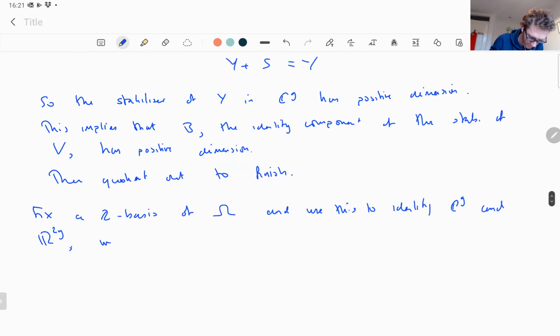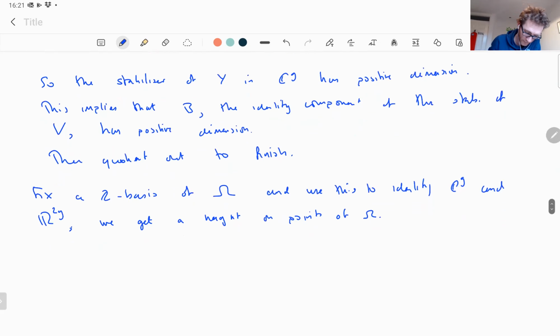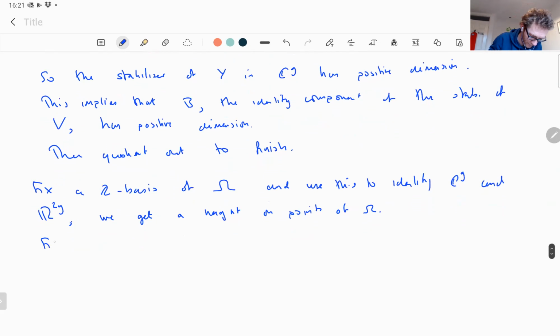And then we get a height on points of omega. Now fix a fundamental domain. So in these coordinates, we can take just [0,1]^2g.